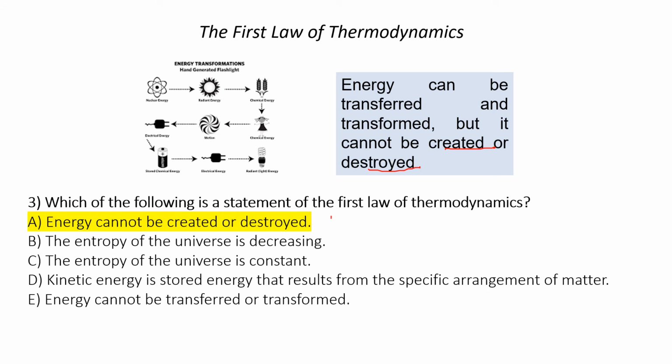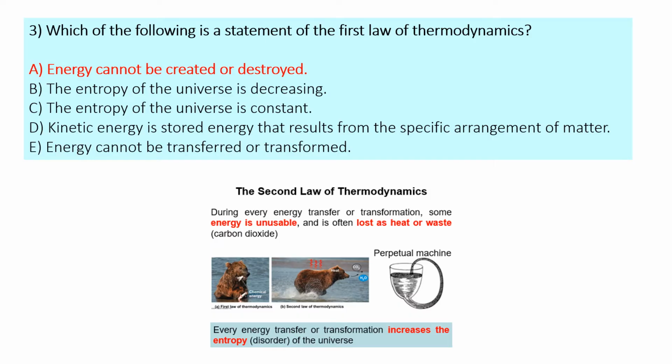So as I said, this is the best answer, or the only answer in this case. All the other ones are incorrect. And in the video lecture, I talk a little bit about the first law and the second law in this slide. So if you have any doubt, you can go back to the video lecture, and also in the videos, they talk about that.